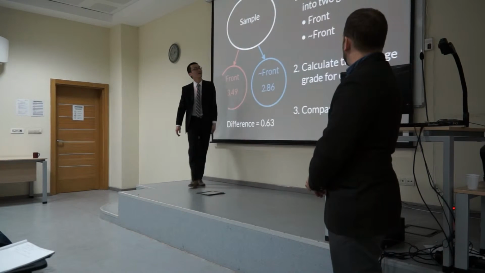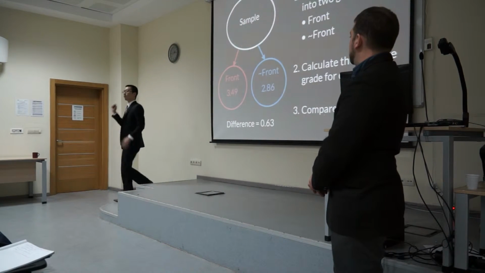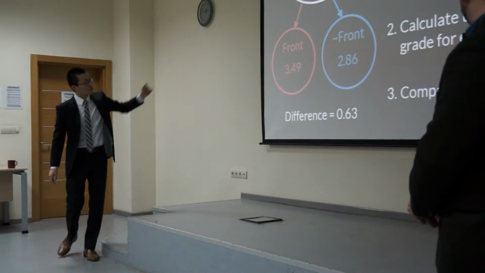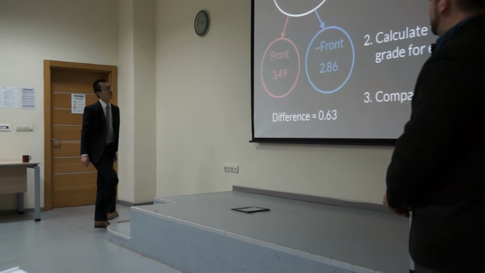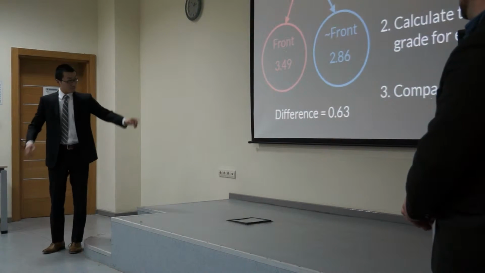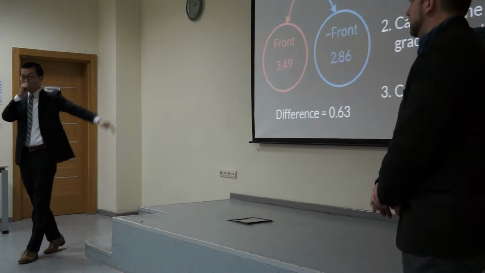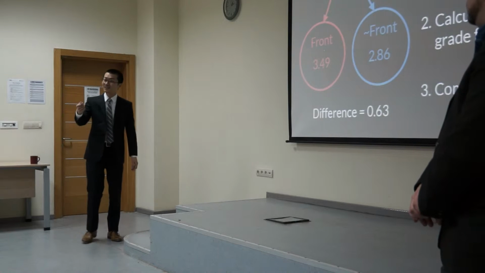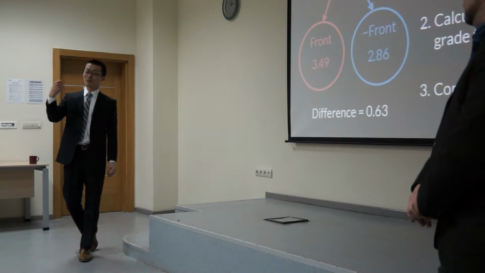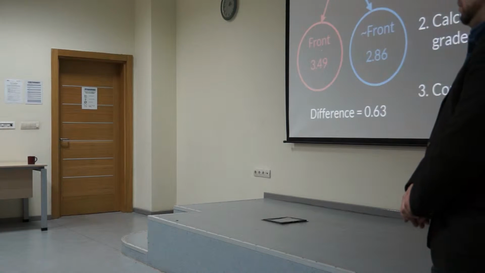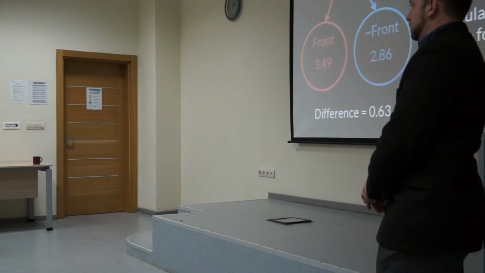Then we can calculate the average grade for each group, right? For those who are sitting in the front, 3.49 was the average, the mean grade. For those who are sitting in the back, 2.86. So what that means is, if I want to guess a grade for those sitting in the front rows, I could say your grade is probably 3.49.